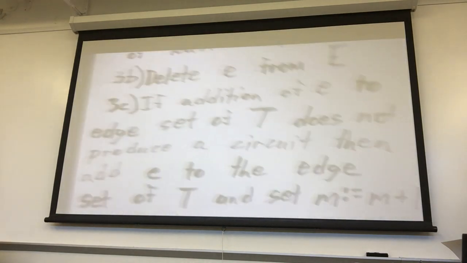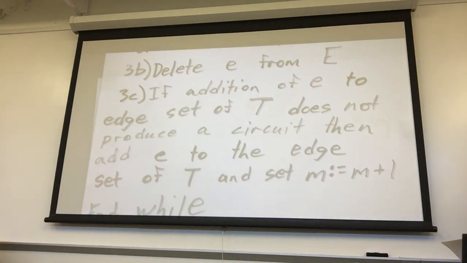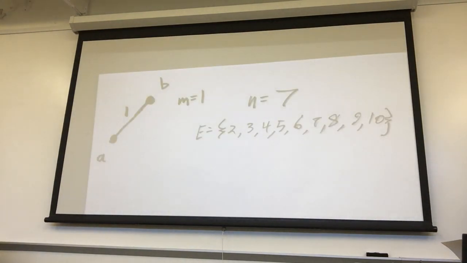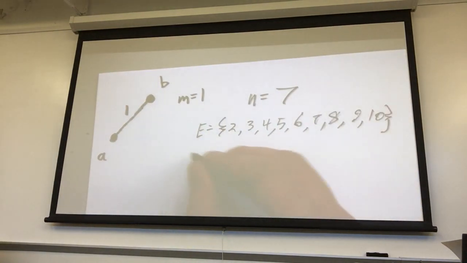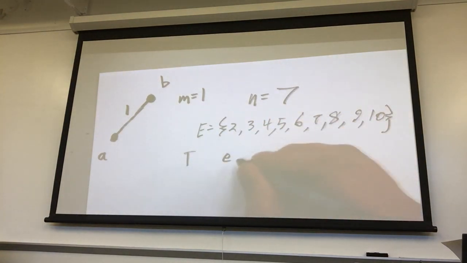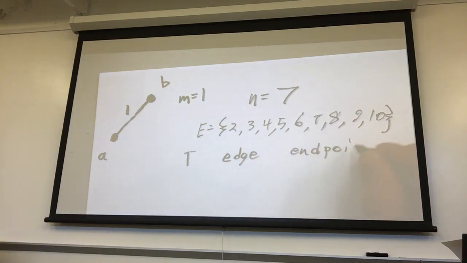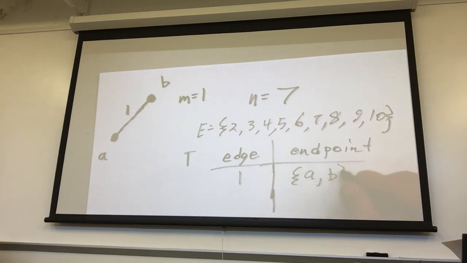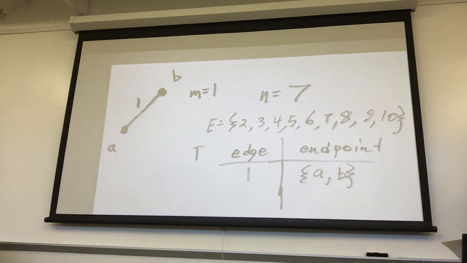Right. Now it says if addition of e to the edge set of T does not produce a circuit, then add e to the edge set of T. So if I was talking about T in the general sense of endpoints, now you would store that as an array.